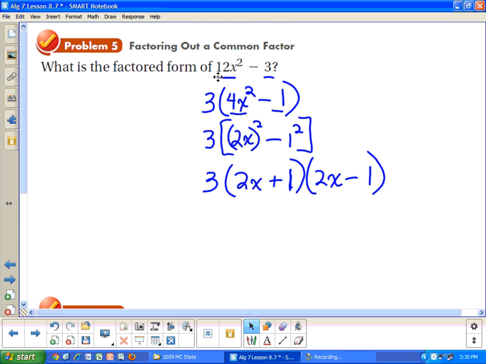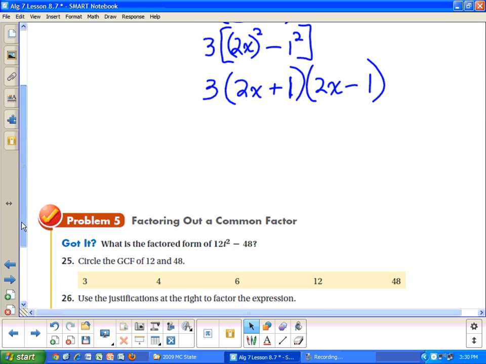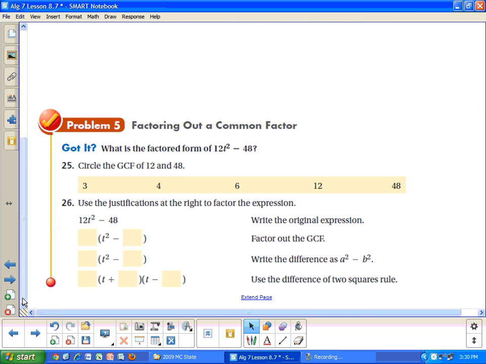And that's the answer. Go ahead and try that here. First factor out the greatest common factor of the two terms, and then see if you can't factor the rest of it using the difference of squares idea.